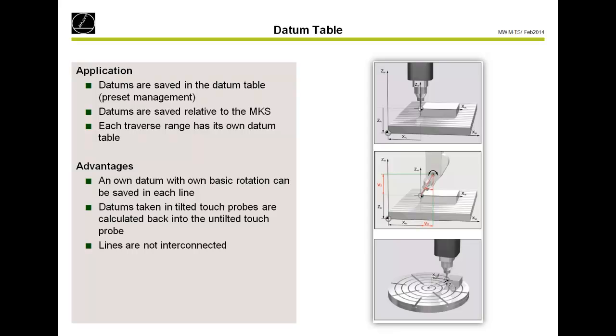You can also do probing in the tilted system, and the lines have no connection together, so every line stands alone. There's no combination between lines. All the lines from the preset table just refer to one point, the 0 point, or the middle of the table if you have a round axis in the table.